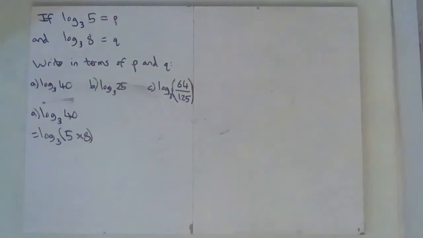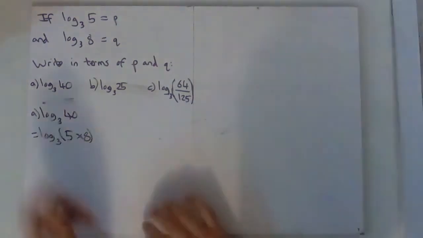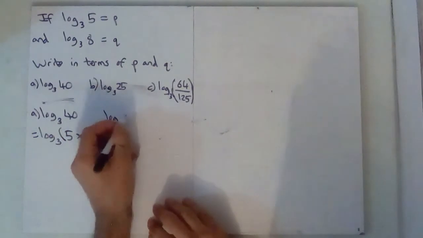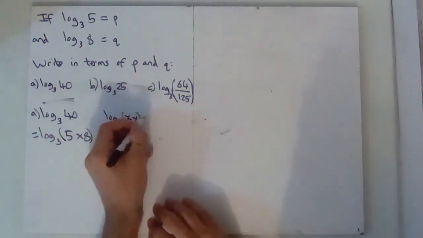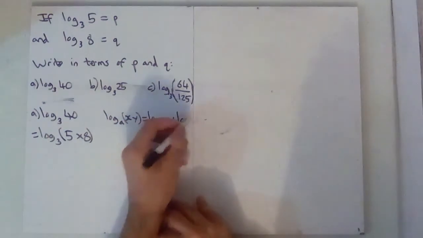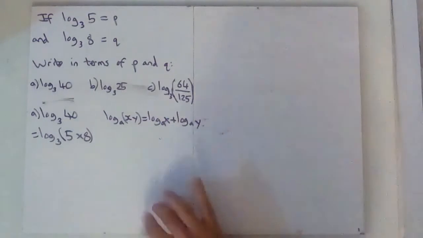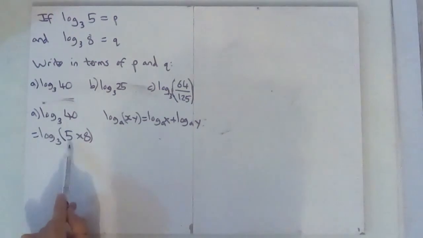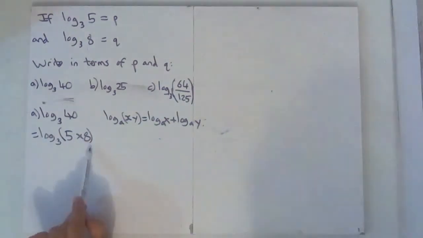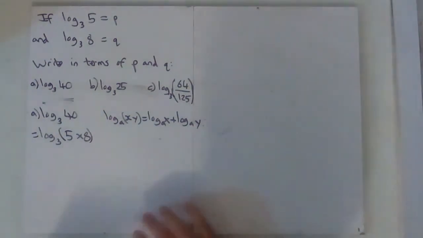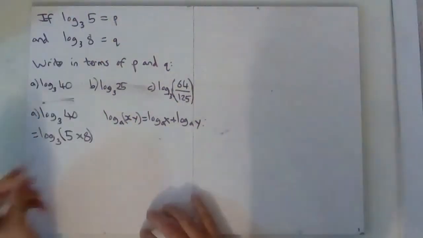If you look at that, then we can use our first log law, which says log base a of xy equals log base a of x plus log base a of y, right? That's the first law. So here we have log base 3 of xy, well x is 5 and y is 8. So this is going to be log base 3 of 5 plus log base 3 of 8, which is very handy because look, one of them is p and one of them is q.